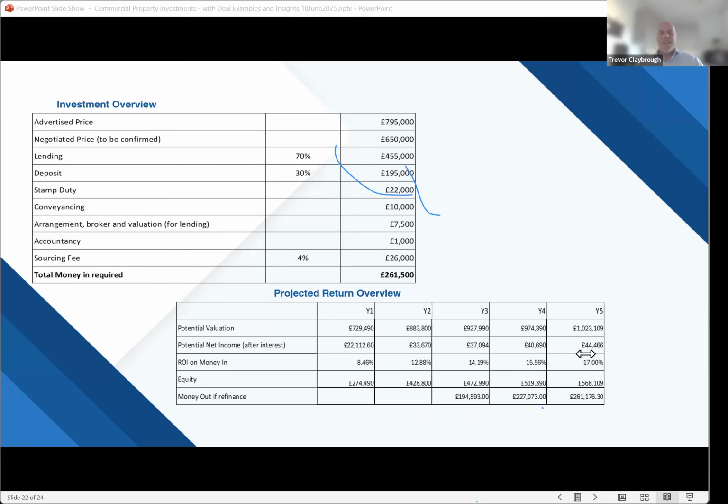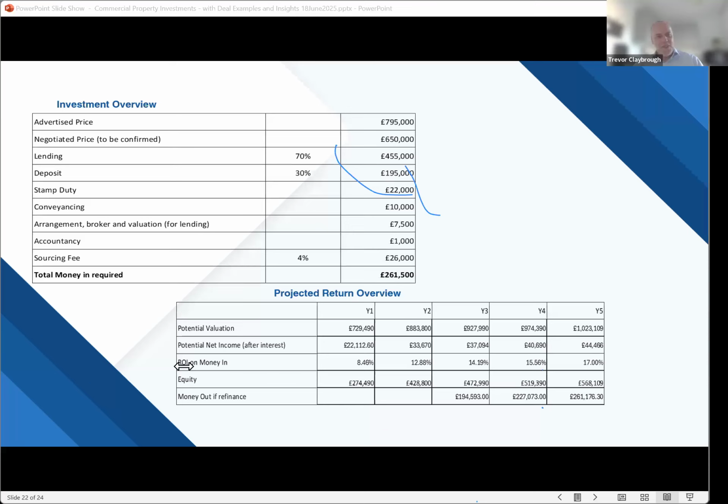It is proper due diligence of understanding what the leases are, what the potential is, looking at what the average rent per square foot for similar properties is in the area, and processing all those figures. And this is what we come up with. It's not guesswork. It's obviously estimation, but it's based on real facts and figures.